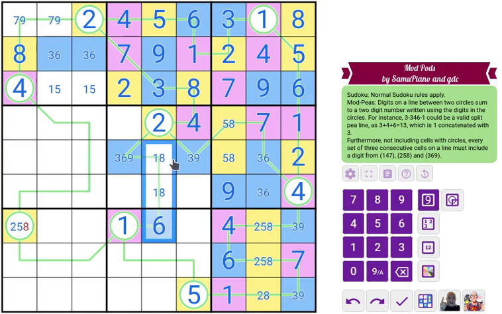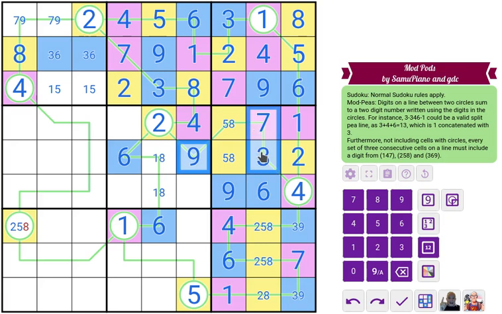Here we have 9 and 6, 15. So it can be 12, so it's 21, and we still need a 6. We have 19, this is 24, so we need a 5.